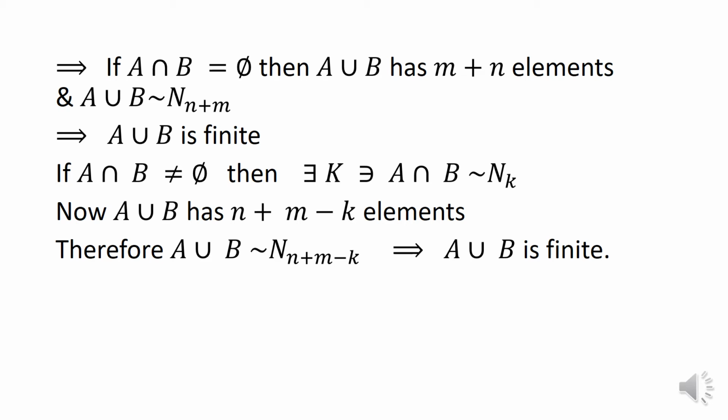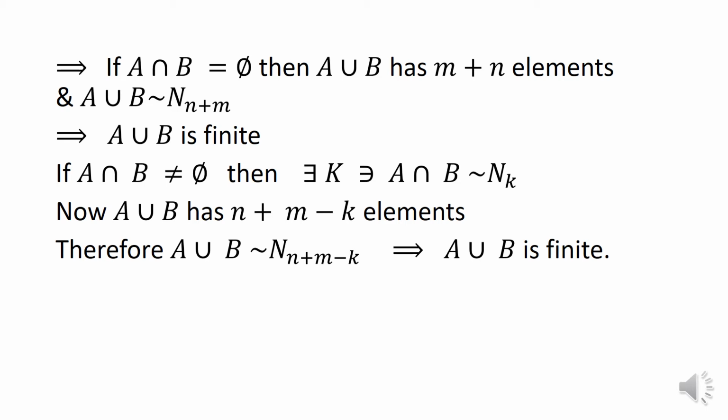So, if A intersection B is an empty set, then the union of the two sets will have m plus n elements, which can be denoted as A union B having n plus m natural numbers. Therefore, because n is finite and m is finite, the number of elements n plus m is also a finite number. Therefore, we can say that A union B is finite.